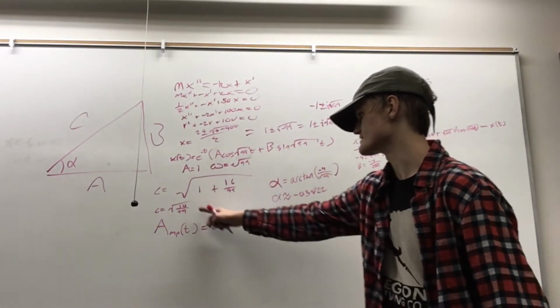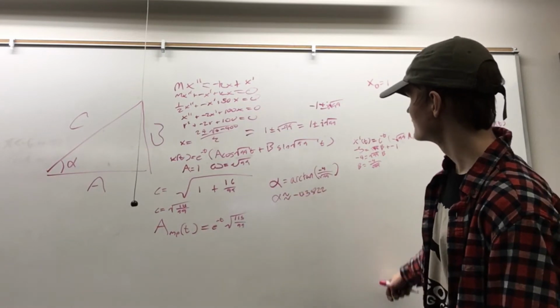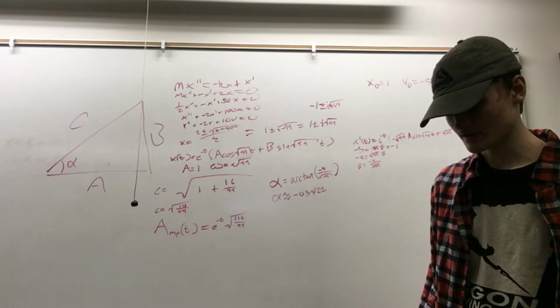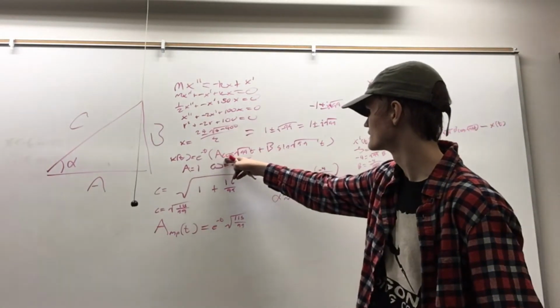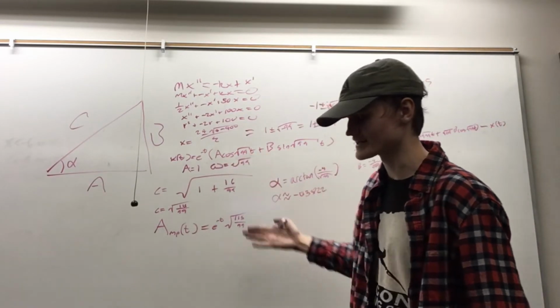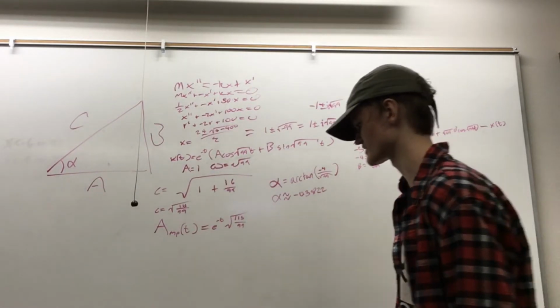So now we have C, we have alpha, and we have omega. So we can get the position function. These are all of this interior wave. So we can get the updated position function of the interior wave and multiply it by e to the negative t to get the final position function.